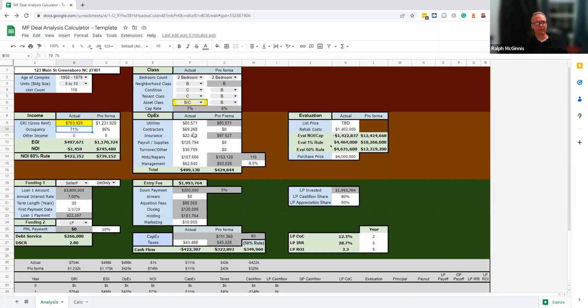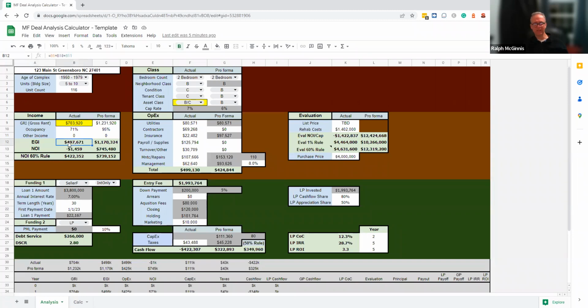And then the other income: there might be laundromats, vending machines, other things that will provide income to this property. This is where you put it. So the EGI is effective gross income.